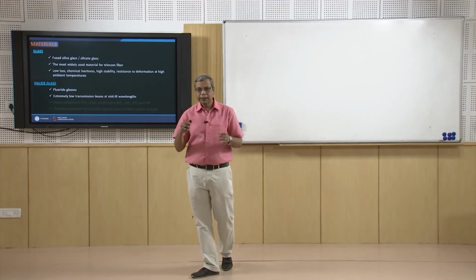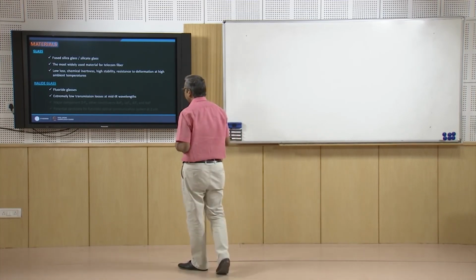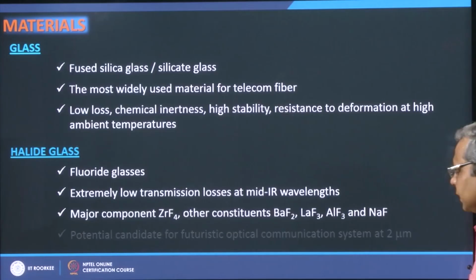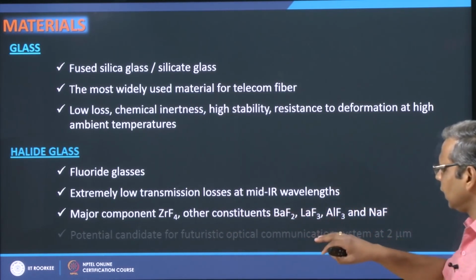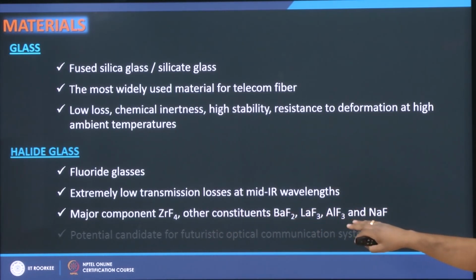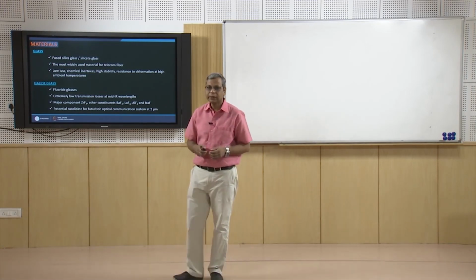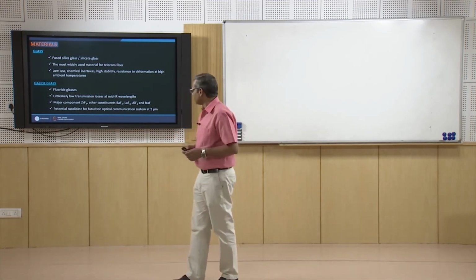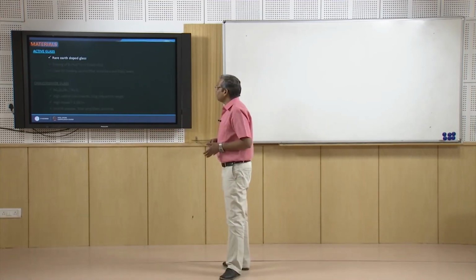So, first, what is a preform? If you talk about optical fiber, the cladding is 125 micrometer across. So if this is the core and this is the cladding, it should be 125 micron. In this 125 micron cladding and 10 micron core, you will have to have a refractive index variation.